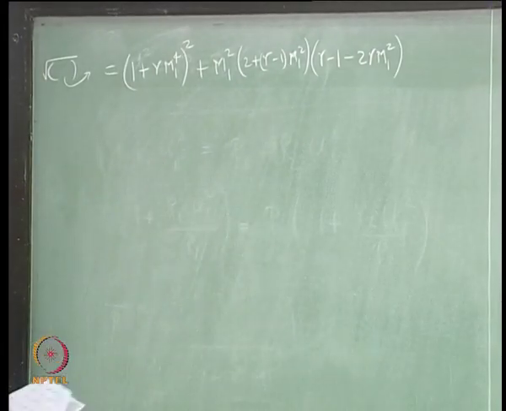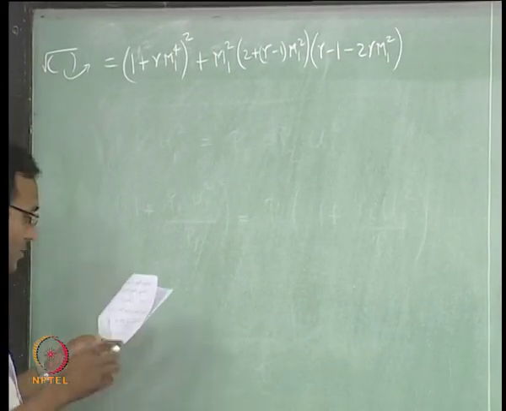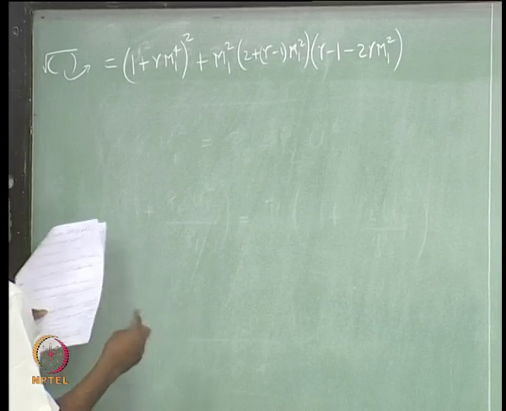This is the term that is present. I just want to multiply it all out and write out the full expression, and then we will start grouping them again.